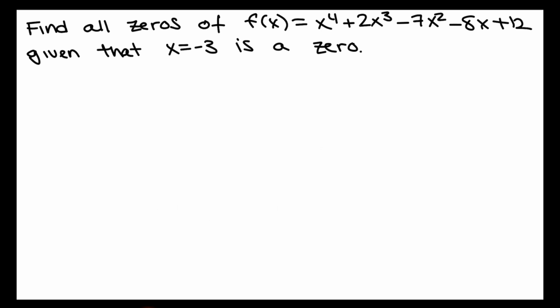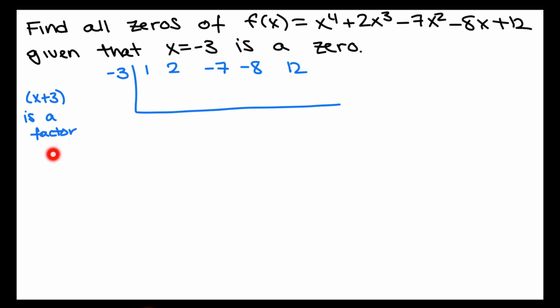Let's do another example. Find all zeros of the polynomial f of x equals x to the fourth plus 2x to the third minus 7x squared minus 8x plus 12, given that x equal negative 3 is a zero. If x equal negative 3 is a zero, then x plus 3 is a factor.